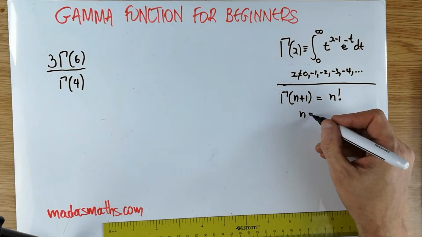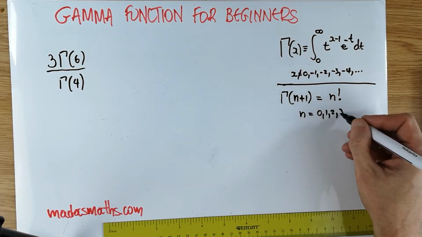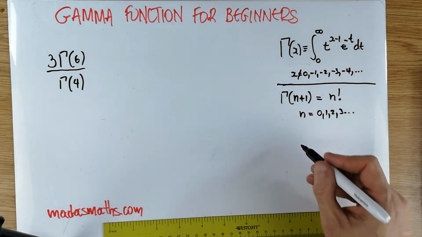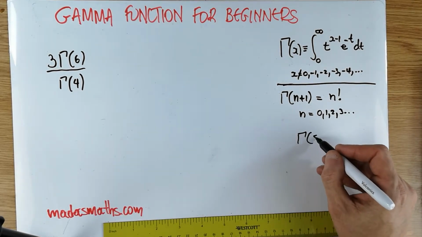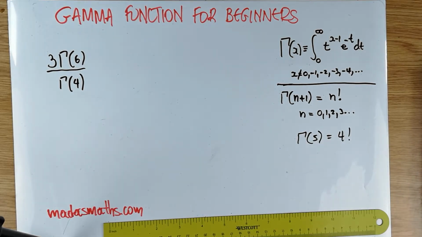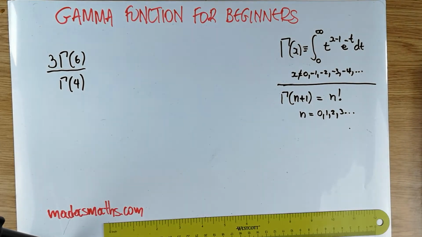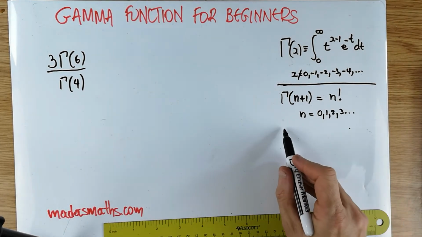So if n is equal to 0, 1, 2, 3, and so on. So for example, the gamma of 5 is the same as 4 factorial. And that is basically it. That is a fact which can easily be proven from first principles, from the definition.